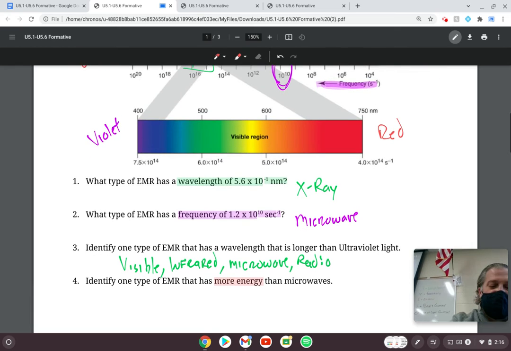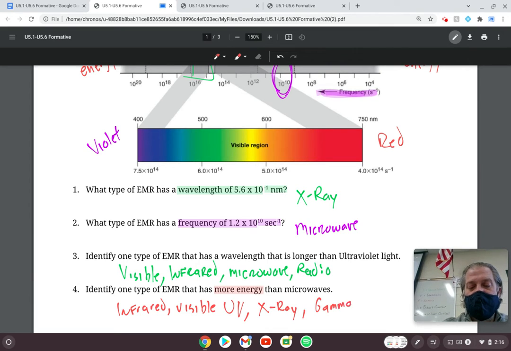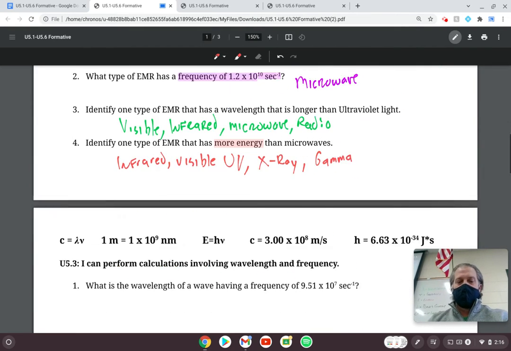So that could be infrared, it could be visible, it could be ultraviolet, it could be X-ray, or it could be gamma radiation. Any of those is correct. You only needed one. Any questions on the first page?